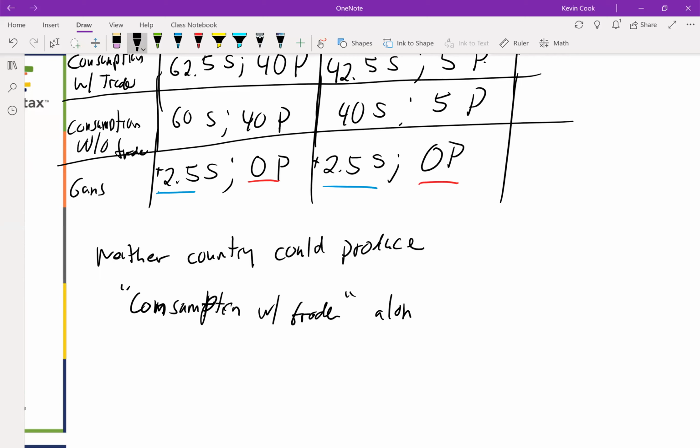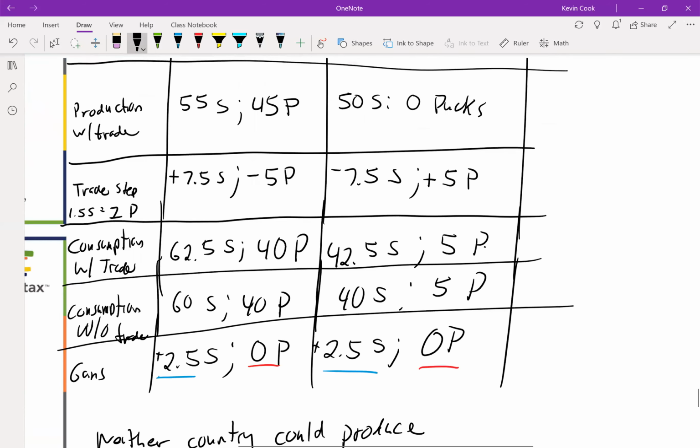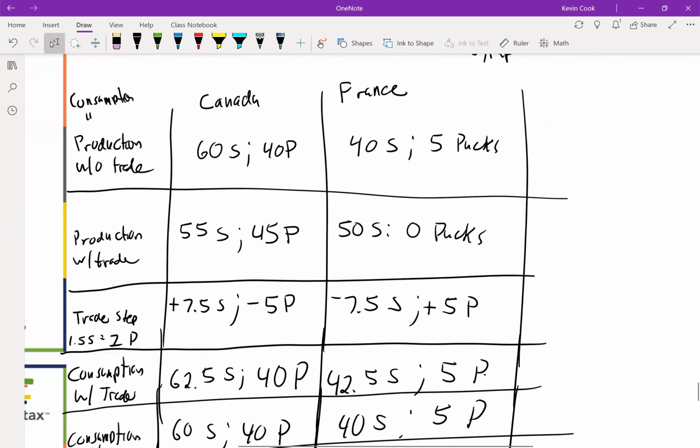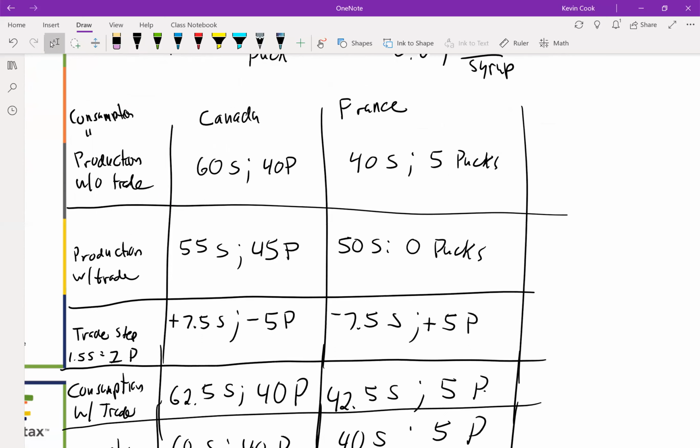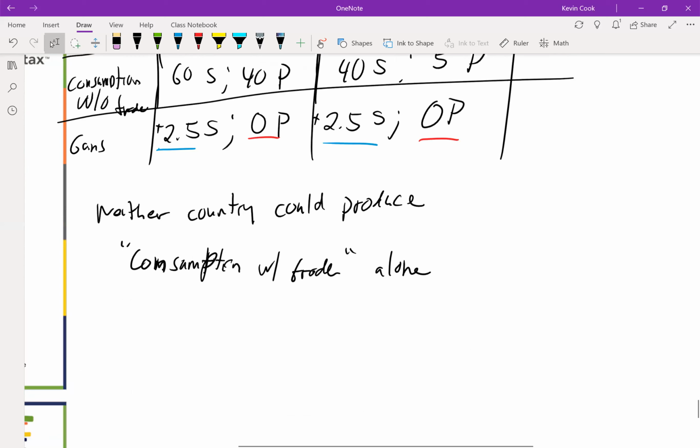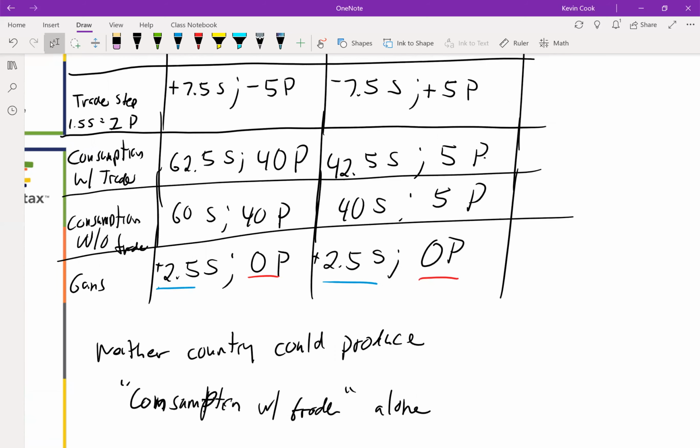alone. So even if you are trading with a small country, and I'm not going to say France is an undeveloped country, but even if you are trading with a small country or a country who is not as productive as you, you can still see those gains from trade. And granted, in this one, it's not as drastic or as necessarily easy to work out as the example where I'm better at one good and you're better at the other.